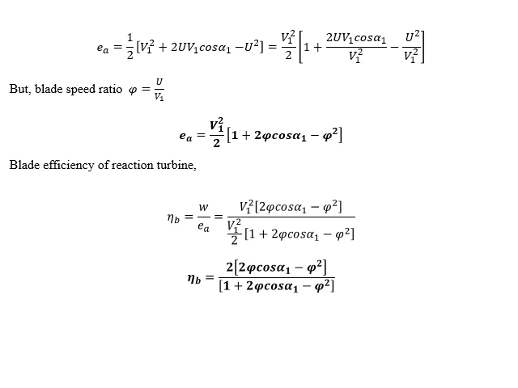Now blade efficiency equals, with the 2 in the denominator taken to the numerator, 2 into (2 phi cos alpha 1 minus phi squared) over the denominator. Here V1 squared and V1 squared get cancelled, leaving 1 plus 2 phi cos alpha 1 minus phi squared.